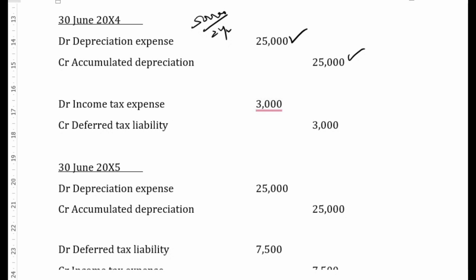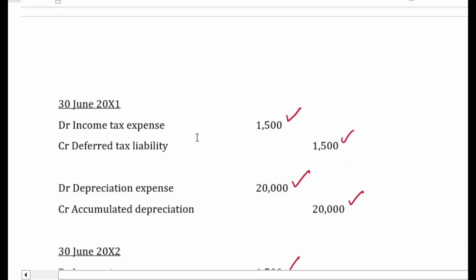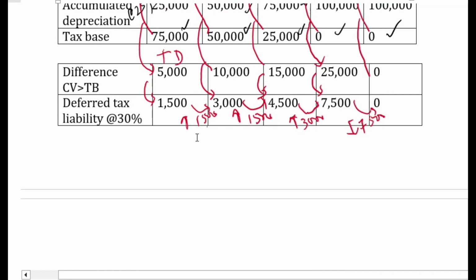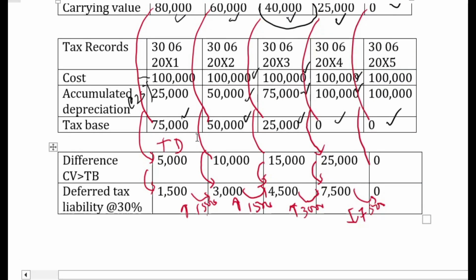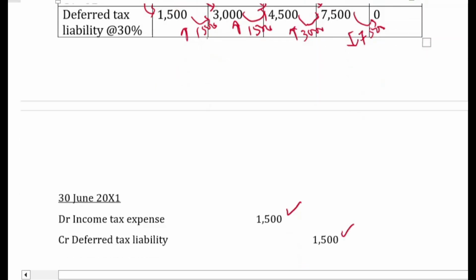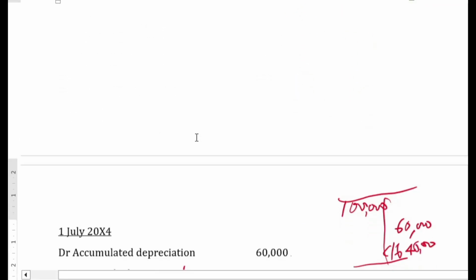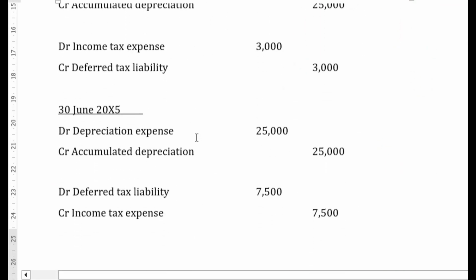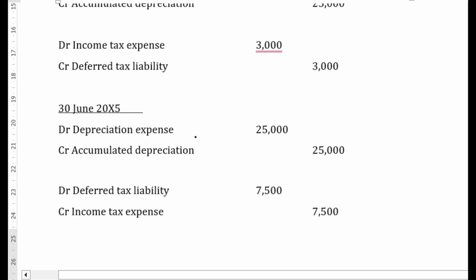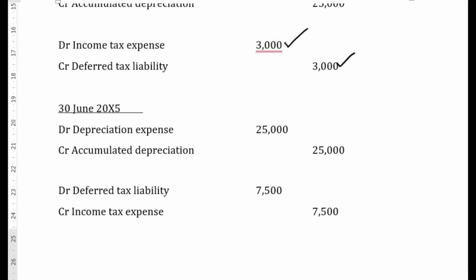The deferred tax liability increase is 3,000, from year 3 to year 4. Credit deferred tax liability 3,000, debit income tax expense 3,000.